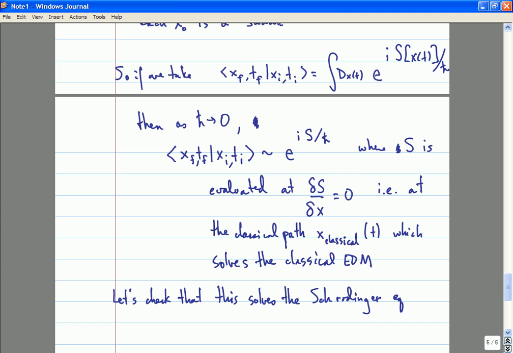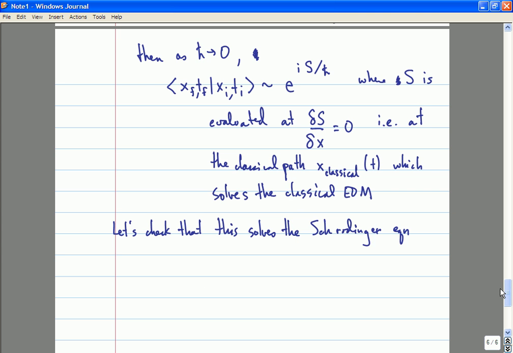Namely, that i h bar times d by dt of this propagator, for fixed x initial and time initial, is a solution of the time-dependent Schrodinger equation.